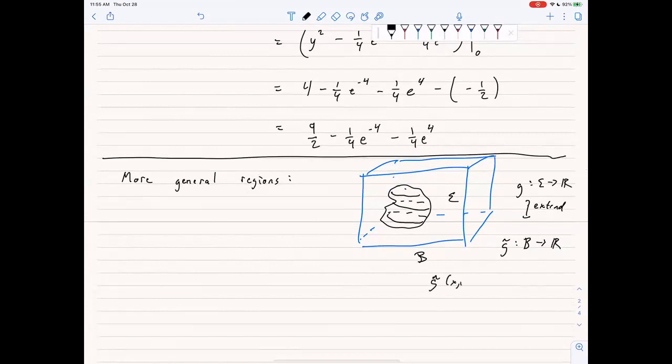of x, y, z equals one of two things. It either equals G of x, y, z if x, y, z is in the region E, or it equals 0.